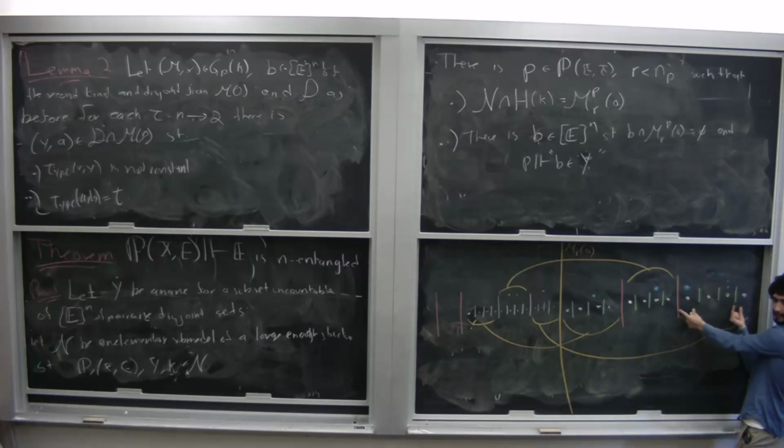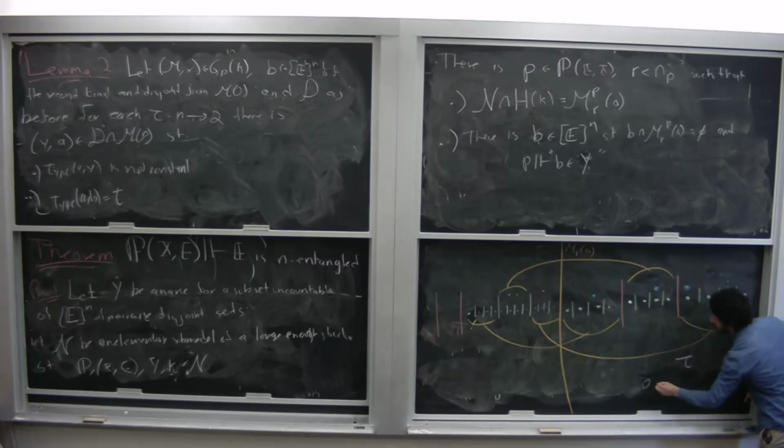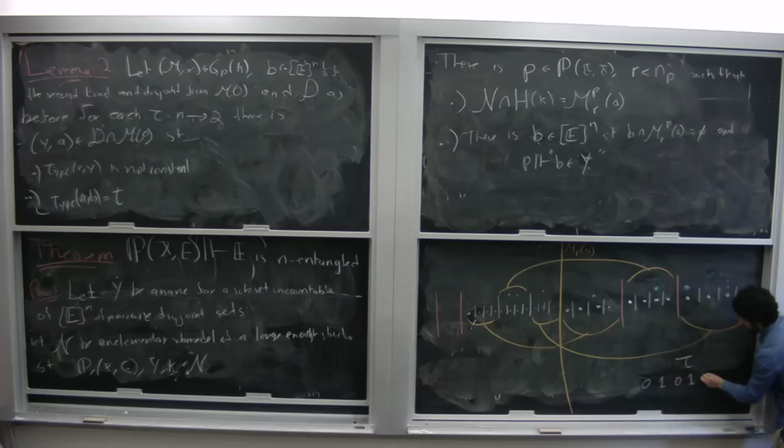The first time we reflect, we have this type tau, which is not defined over n, but over a subset of E of size less than n. And so we have one original type tau here. Let's say that it's 0, 1, 0, 1, 1.